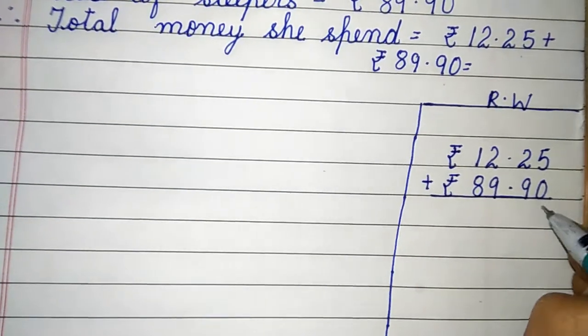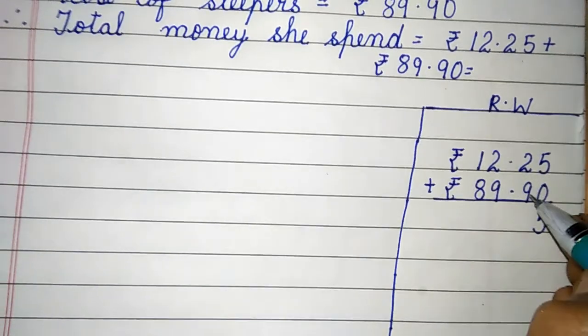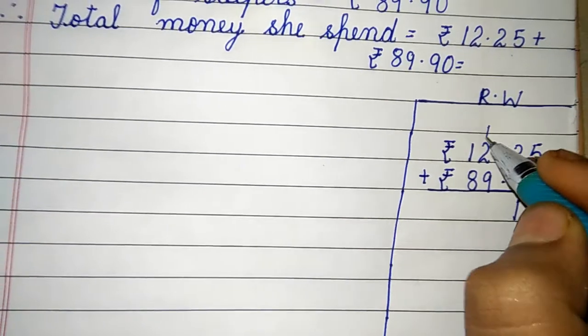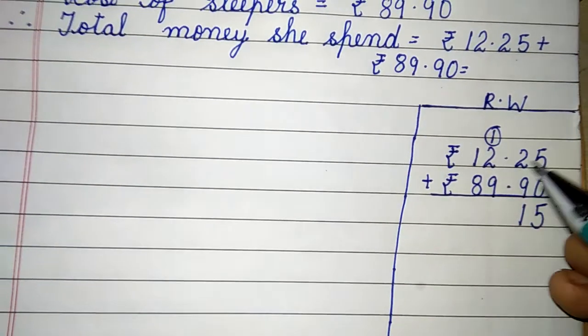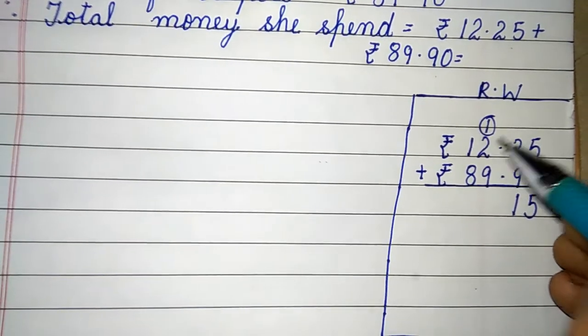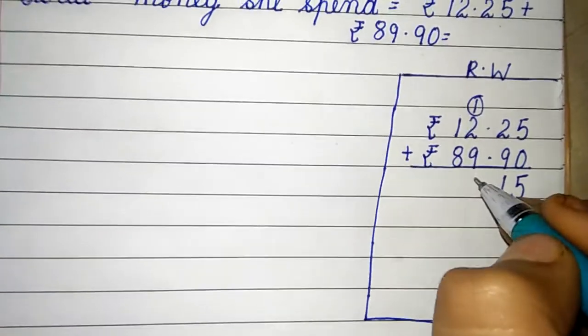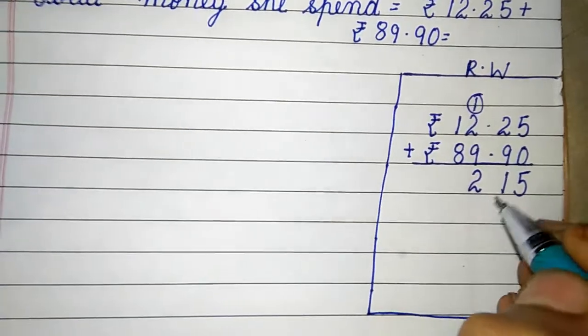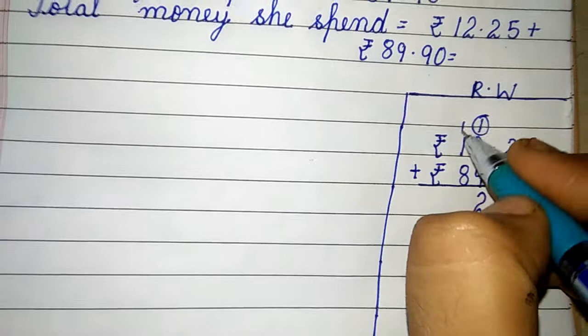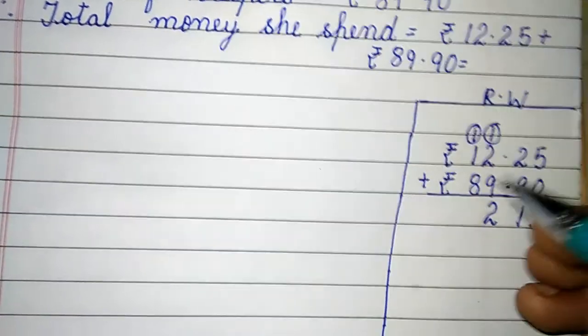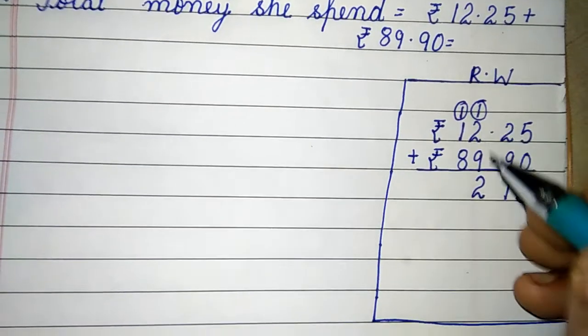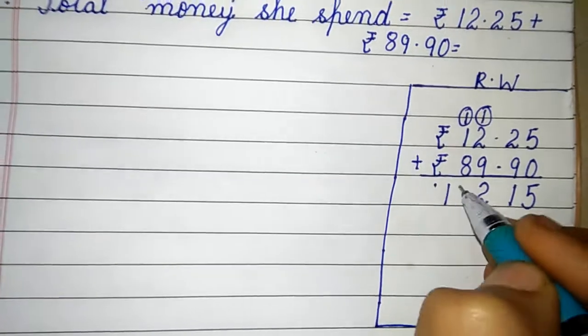5 plus 0 is 5. 2 plus 9 is 11. 1 will write here and 1 carry. 1 plus 2 is 3 and 3 plus 9 is 12. We have to write here 2 and 1 carry. 1 plus 1 is 2 and 2 plus 8 is 10.